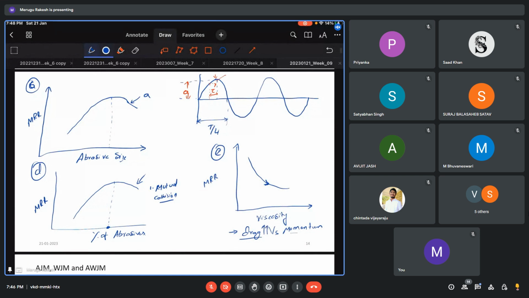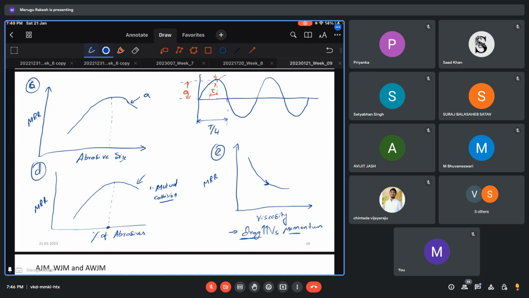Hence the MRR will come down, because the abrasive particles will get less momentum when they hit the workpiece. The reason the other student said is correct, the viscosity will slow down, but this is the main reason, drag or momentum. So these are some of the parameters that play with the MRR.